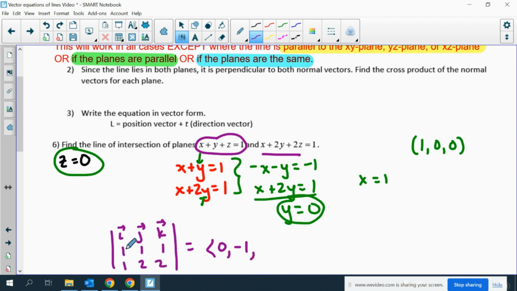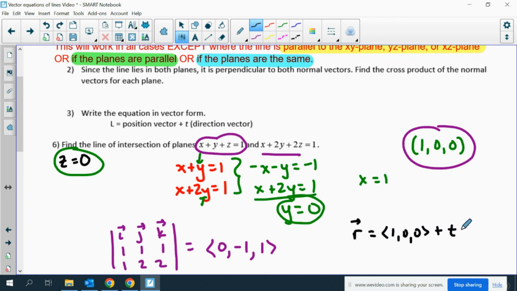If I do it with k, I get 2 minus 1. So I have 0, negative 1, 1. That is my direction vector. So I have a point and a direction vector. So I have r equals 1, 0, 0 plus t times 0, negative 1, 1.